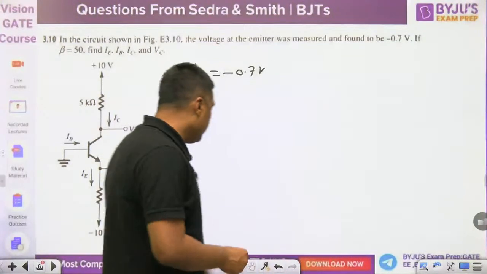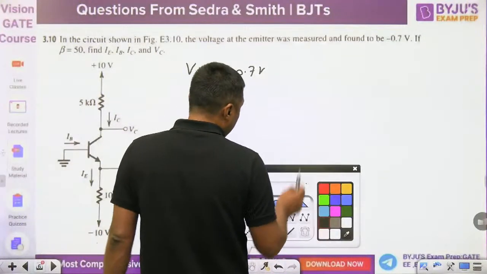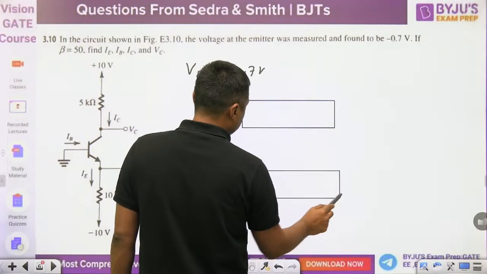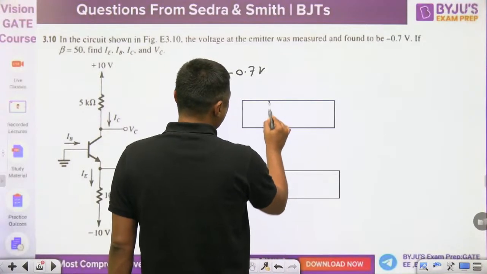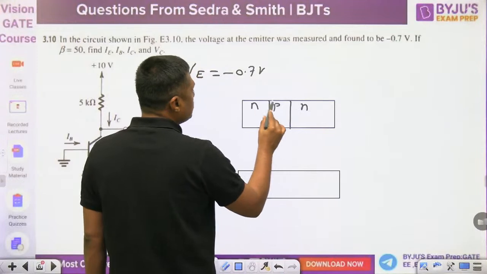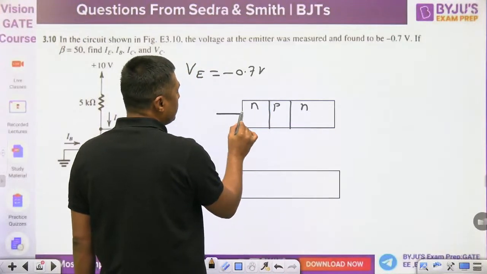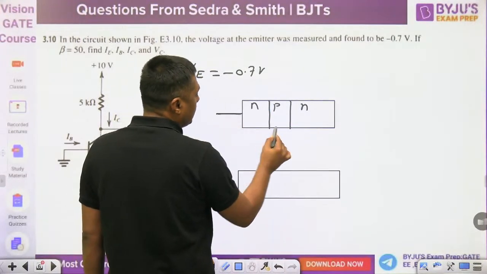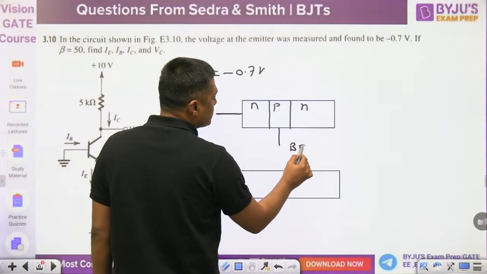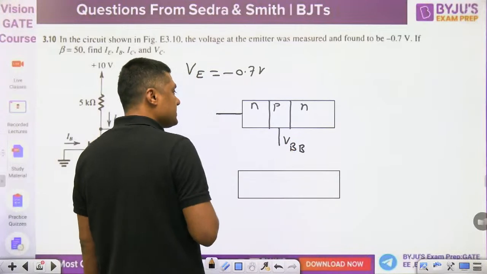Why? Because in an NPN transistor, there are two ways to make this junction forward biased. First way: connect positive voltage to the base, then it is forward biased.